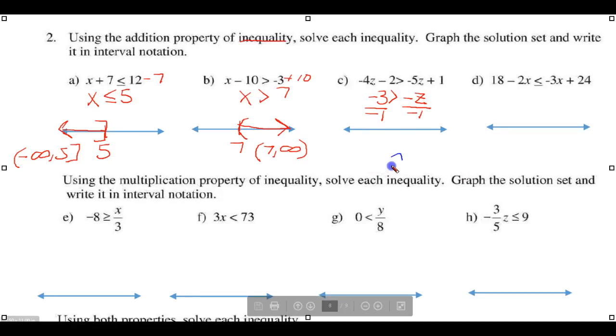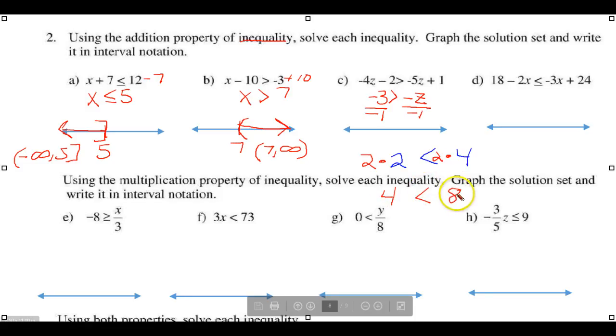If I have a 2 that is less than 4, you'd say, well, that's true. 2 is less than 4. And if I multiply that 2 by a 2, and this by a 2, I get 4 is less than 8.